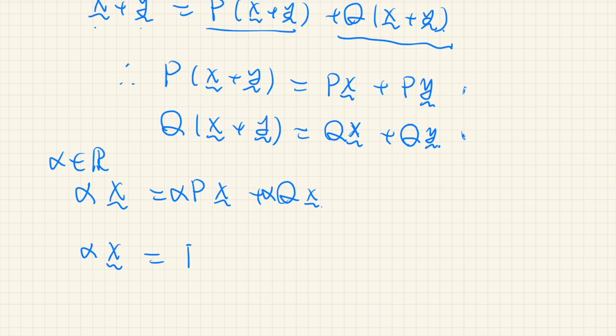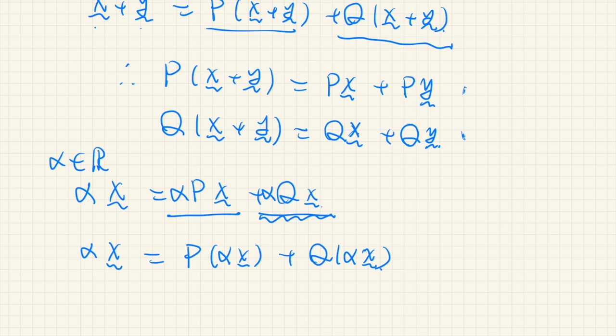So that should be P of alpha x and Q of alpha x. And again, since M and M complement are subspaces, this thing is in M and this thing is in M complement.